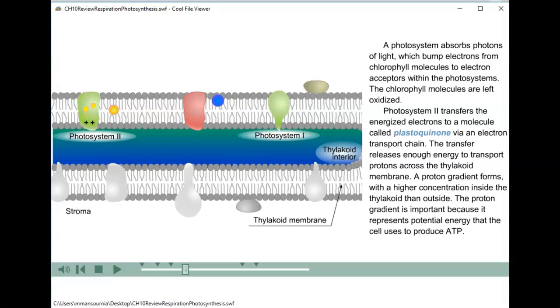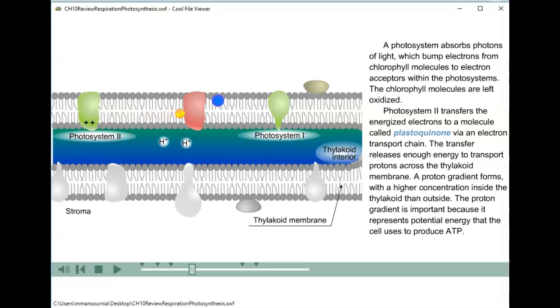A photosystem absorbs photons of light, which bump electrons from chlorophyll molecules to electron acceptors within the photosystems. The chlorophyll molecules are left oxidized. Photosystem 2 transfers the energized electrons to a molecule called plastoquinone via an electron transport chain.